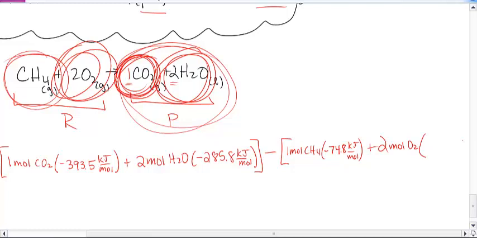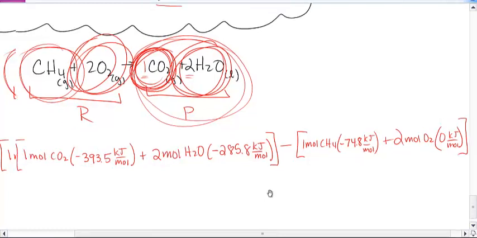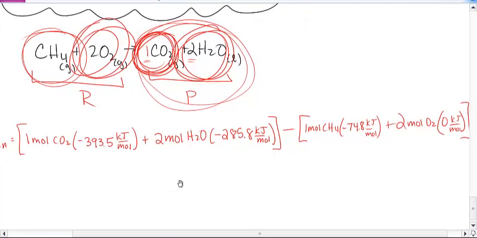What's the heat of formation of oxygen? 0. Now this is fun with not losing your negative. Pull out your calculator, throw that in. Let's see if you can get an answer and not lose track of your negatives.